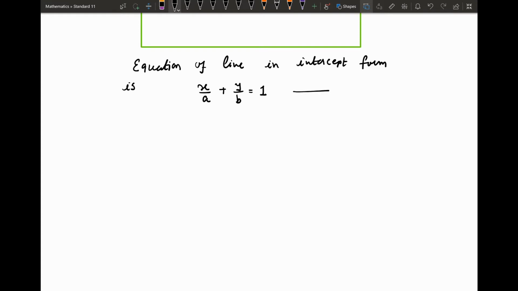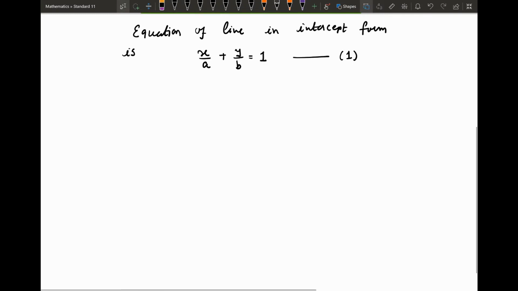Say equation 1. Now here we will find unknowns a and b. We have given a plus b equal to 9.